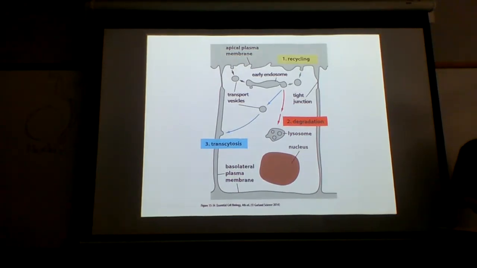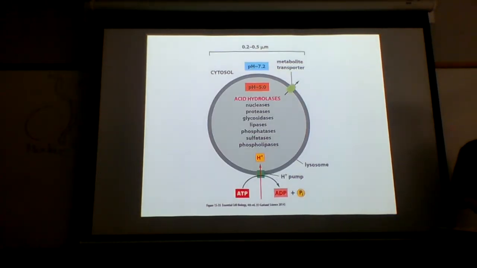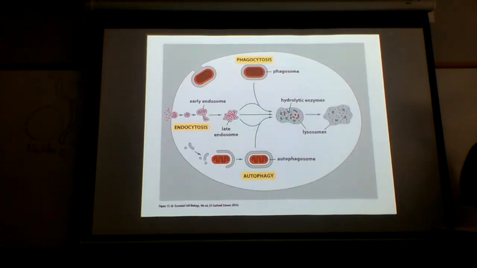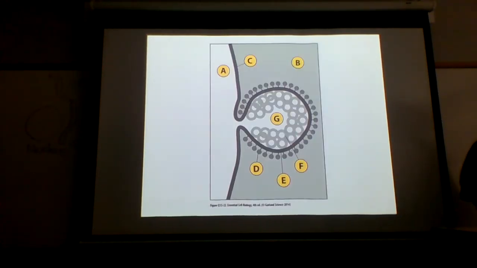And nothing all that exciting here. So this is the acid hydrolases. The fact that vesicles can have the pH drop pretty significantly from 7.2 down to 5, and that activates all these different hydrolases and things. And I'm not sure what this is trying to show us, but there you go.